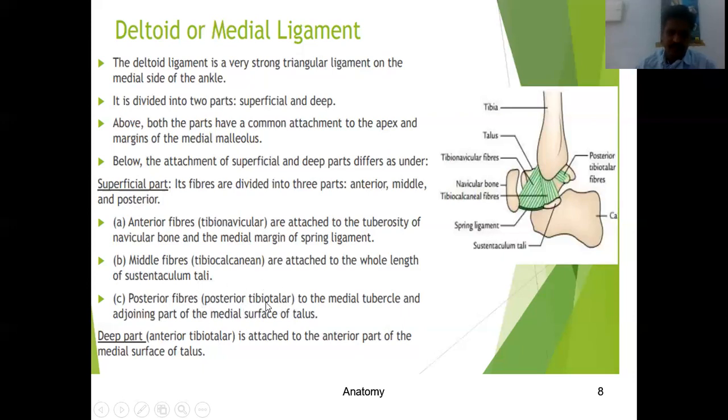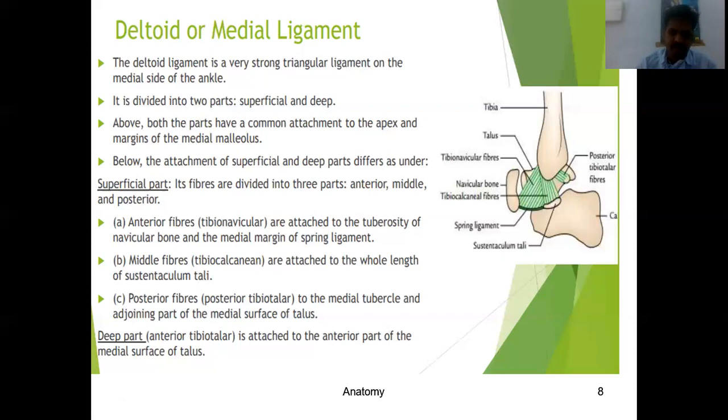We have the posterior tibio-talar, the same name as the tibio-talar placed anteriorly, and that becomes the deep part of the medial or deltoid ligament. So that's about the attachments of the deltoid ligament: triangular shape, apex directed upwards and base directed downwards, consisting of a superficial part and a deep part. That's about the medial ligament, medial collateral, or deltoid ligament.